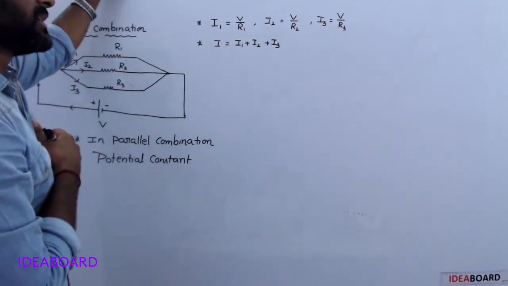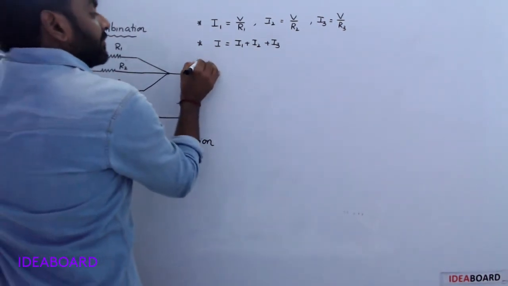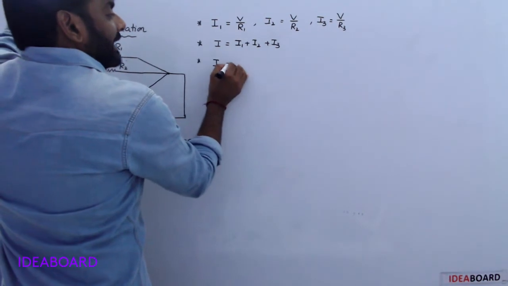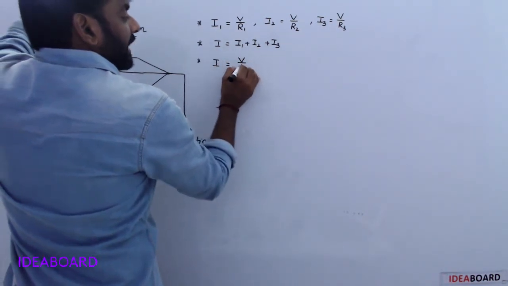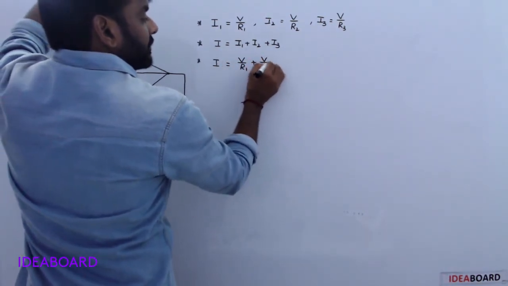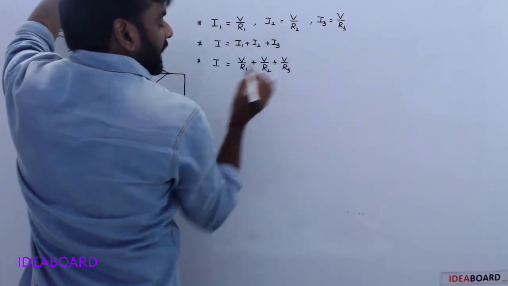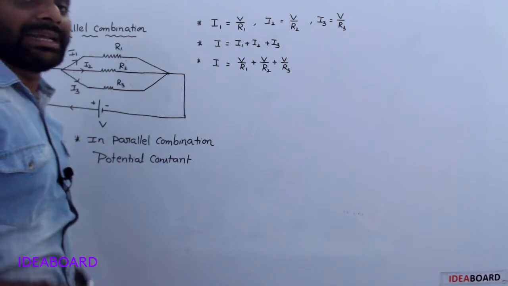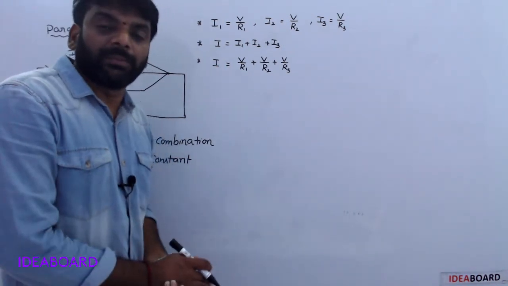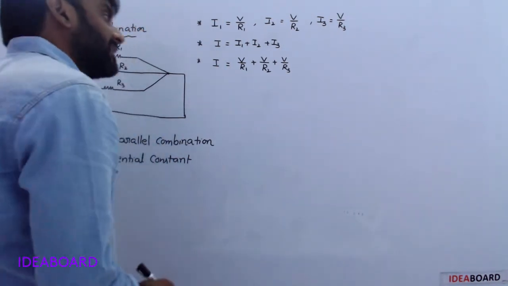So I is equal to V by R1 plus V by R2 plus V by R3.